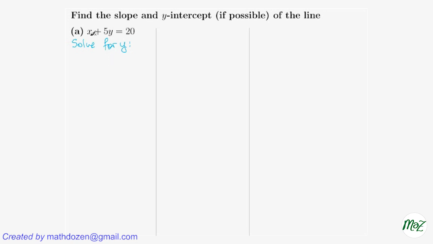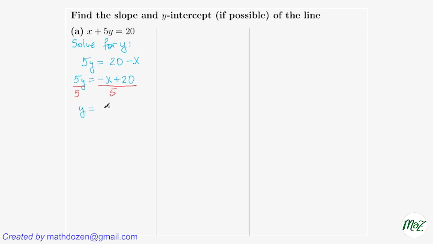So to solve for y, we will subtract x from both sides, and that will give us 5y is equal to 20 minus x. I will rewrite it as 5y is equal to negative x plus 20. Then we'll divide both sides by 5 to get y by itself.